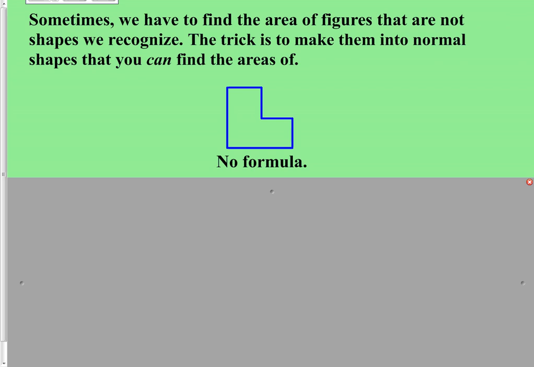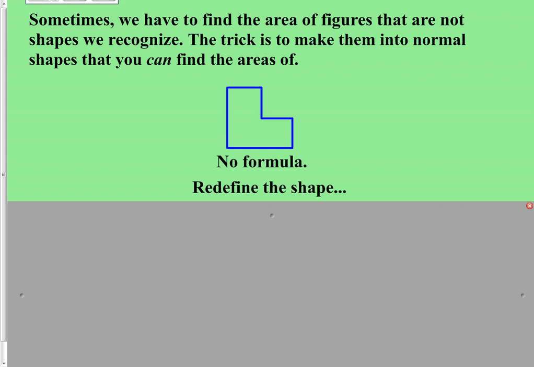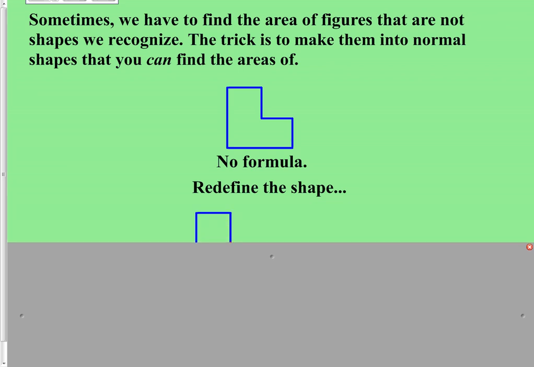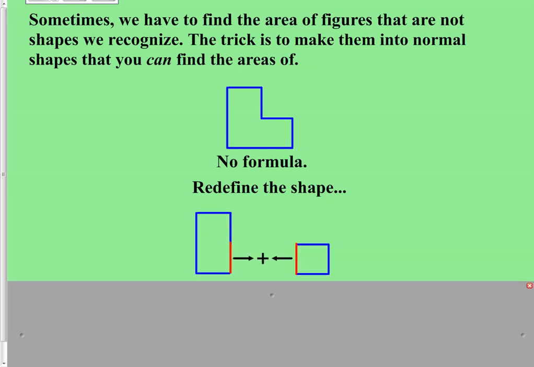So what we would do instead is figure out a way to redefine the shape. Now there's a couple of different methods of thinking to go along with this. First, we could think of it in the mindset of two recognizable shapes that have been joined together.